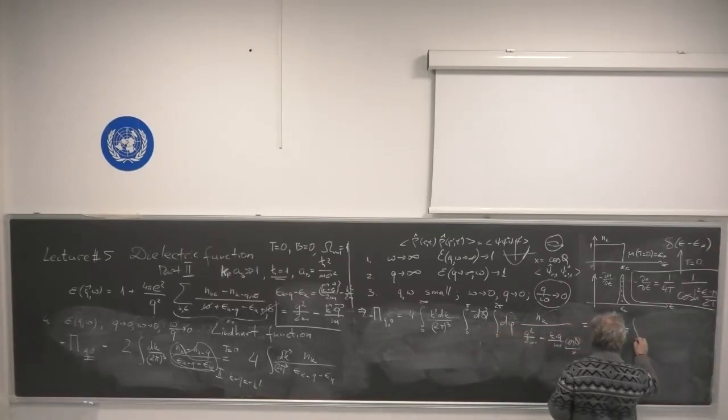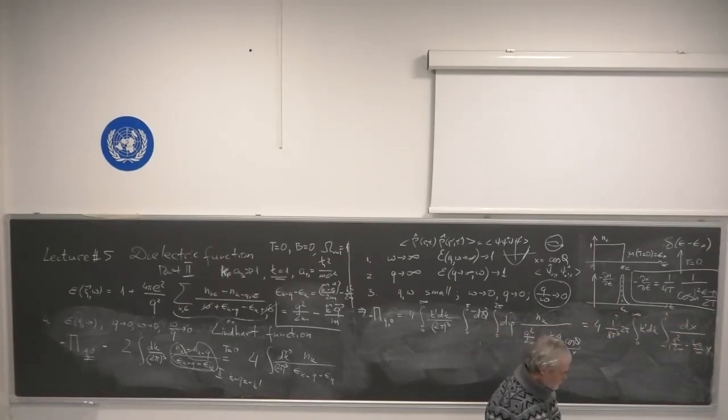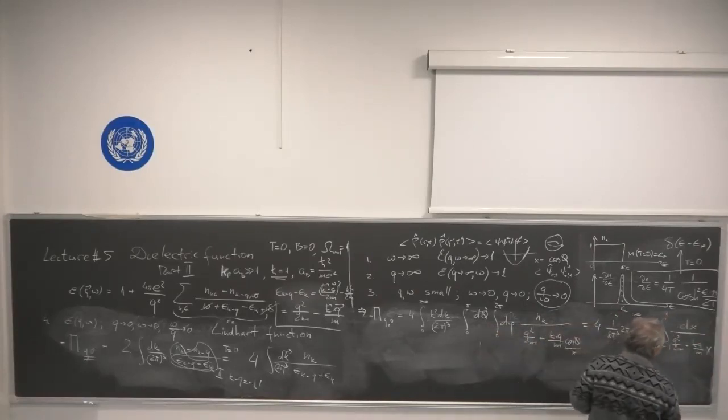Therefore, I have integral from 0 to infinity k squared dk times integral from -1 to 1 dx over q squared over 2m minus k q over m x. I will take q squared k q over m out.